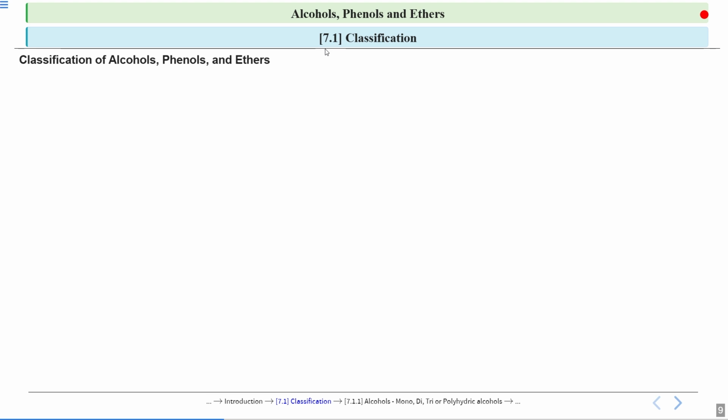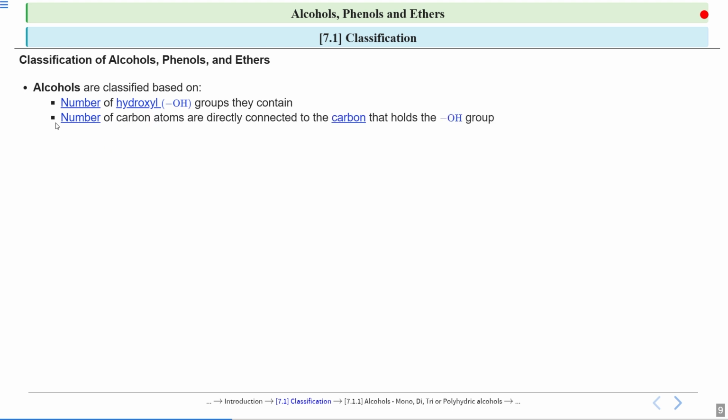Now let's talk about their classifications, section 7.1: classifications of alcohols, phenols and ethers. Alcohols are classified based on the number of hydroxyl groups they contain, and also the number of carbon atoms directly connected to the carbon that holds the hydroxyl group.